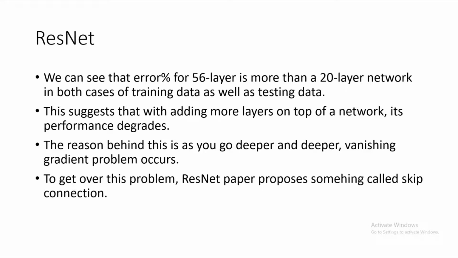This suggests that by adding more layers on top of the network, its performance degrades. The reason behind this is that as we go deeper and deeper, the vanishing gradient problem occurs, which we have discussed previously. So to get over this problem, the ResNet paper proposes something called the skip connection.